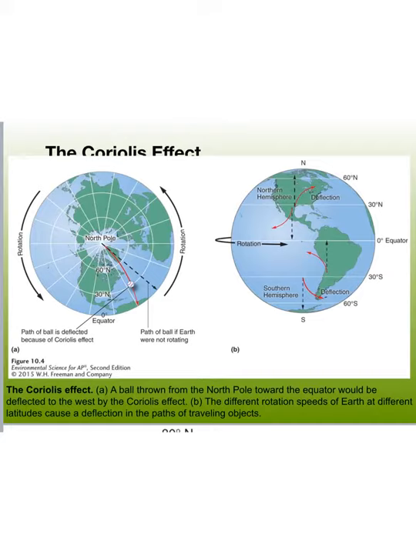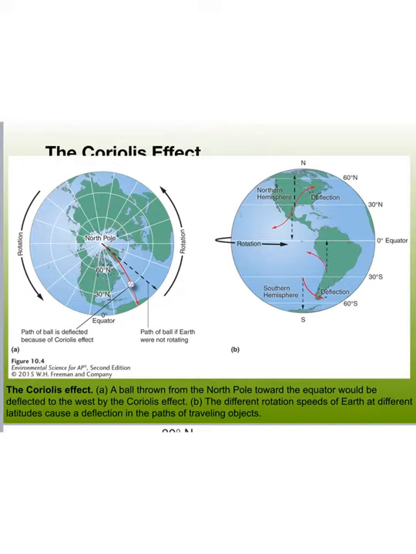But because Earth rotates to the east, while the ball is traveling, the ball will land in a location that is west of its intended target. And this happens because Earth's surface beneath the ball is moving faster than the ball towards the equator. In other words, the path of the ball is deflected with respect to the given location on the globe.